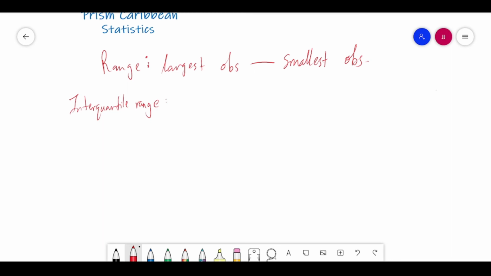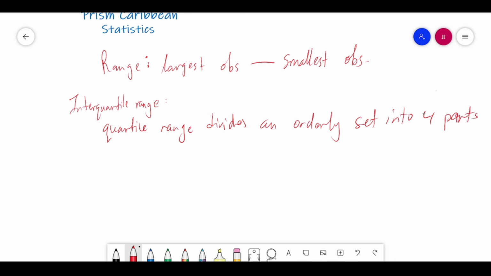This range, on the other hand, basically the quartile range divides an ordered set into 4 parts, right?